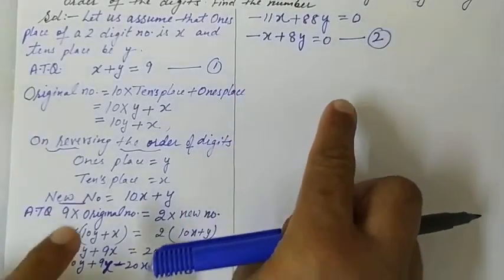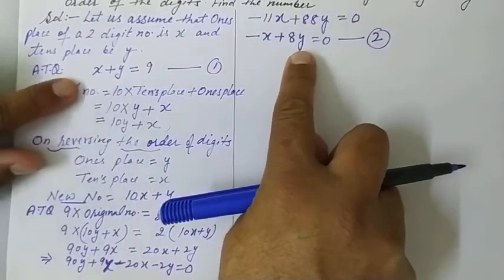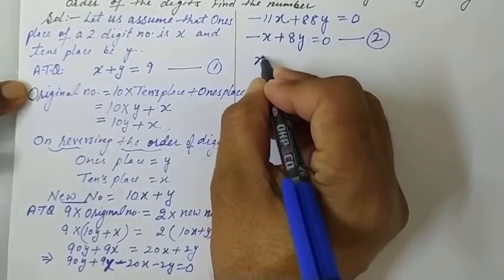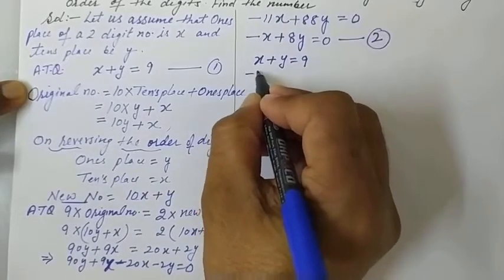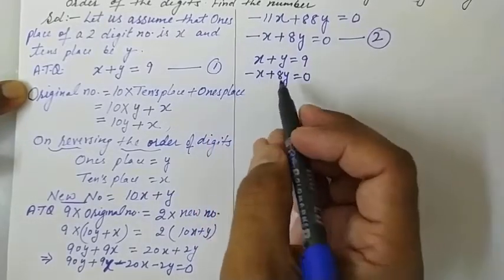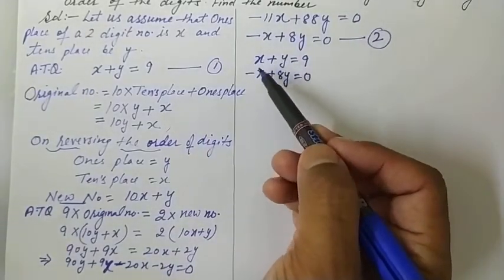Now we'll solve equation 1 and equation 2 by the elimination method. First of all we'll write these equations together. x plus y is equal to 9 is our first equation, and minus x plus 8y is equal to 0 is our second equation. Now we need to make the coefficient of either x or y the same in both equations.